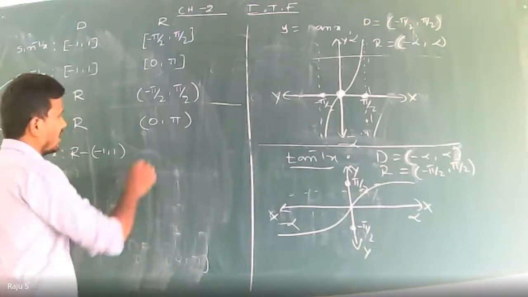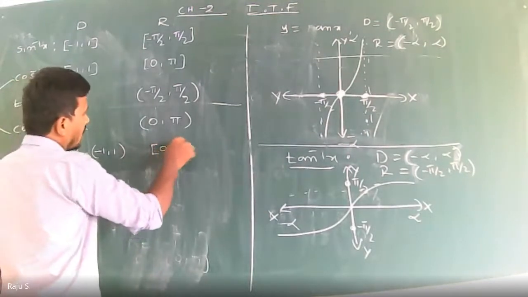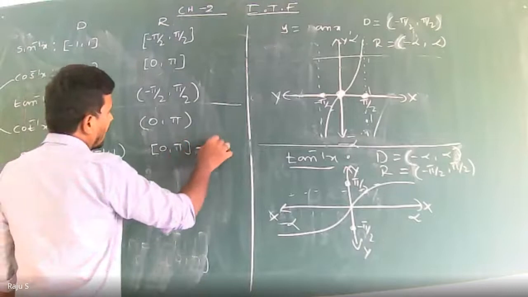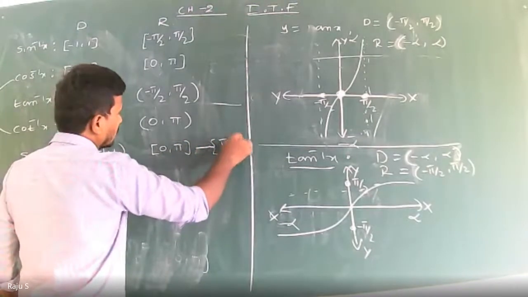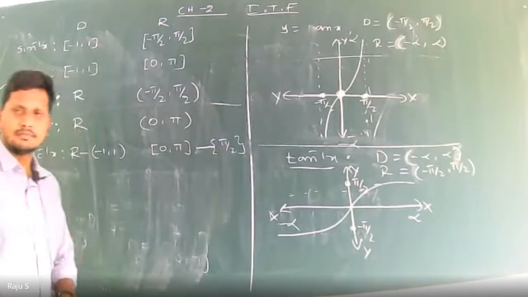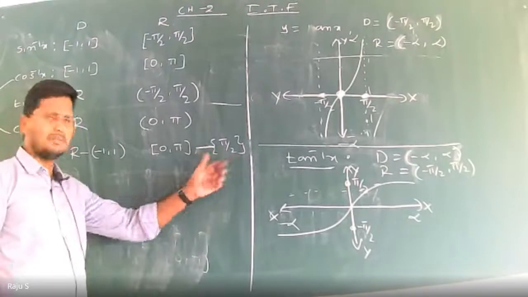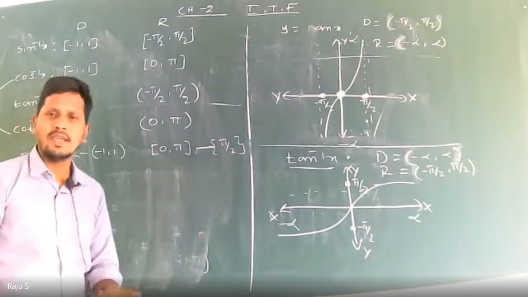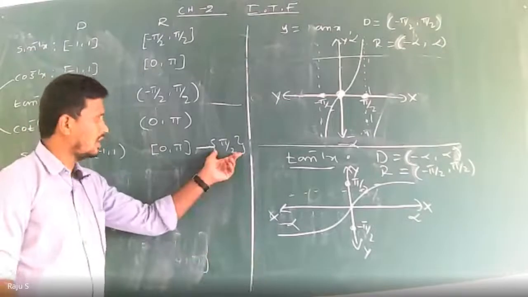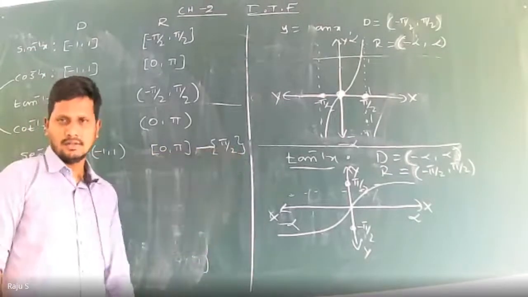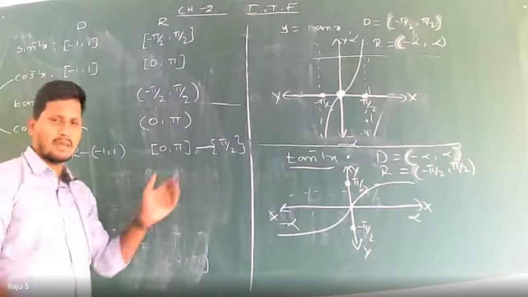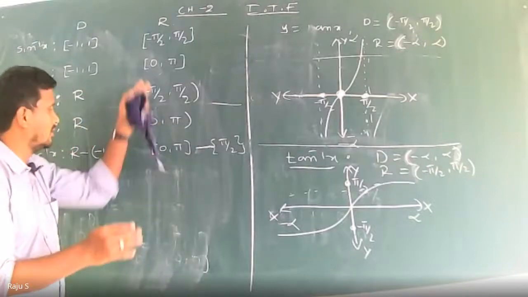This is the same as cos, 0 comma pi, but excluding pi by 2. Other than 90, because you know at 90, secant 90 is undefined. So I am eliminating that. I have restricted the domain, taking only finite values.